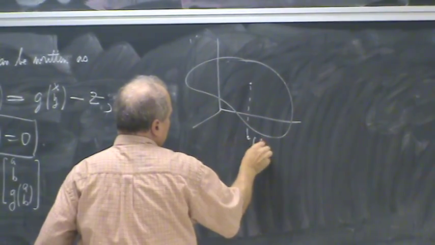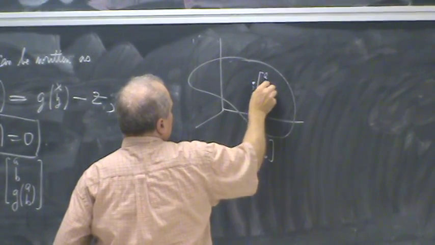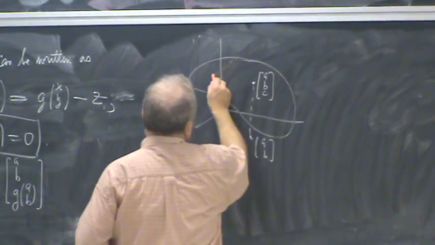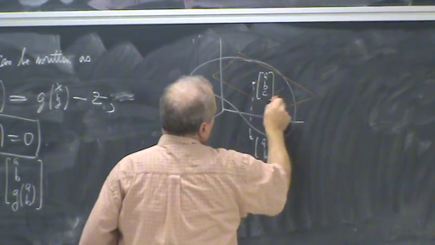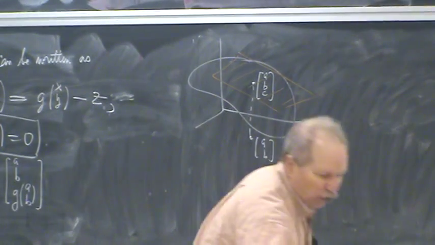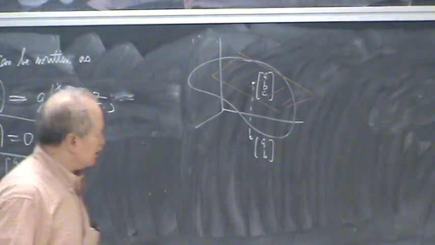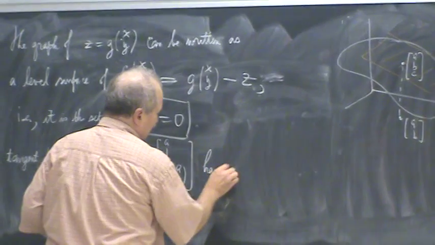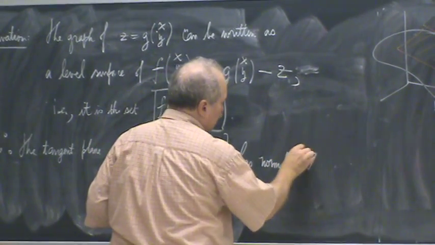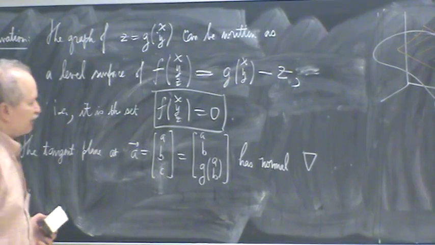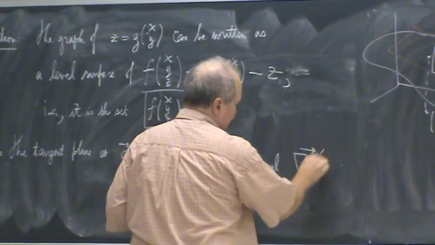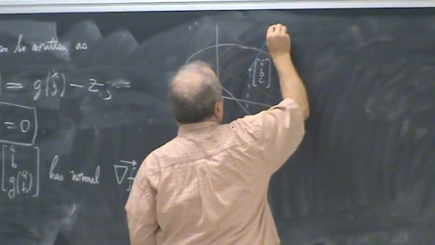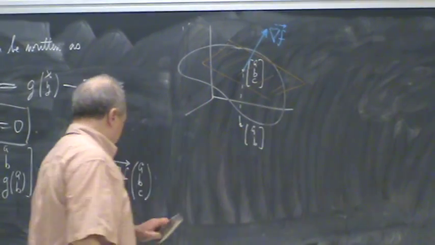Here's A, B. Here's the point A, B, C on the surface. I still want the equation of the tangent plane, just like you were doing earlier. But now I can say the normal vector in 3-space is given by the gradient of whom? F, equals 0. So the gradient of f is going to be the normal vector.